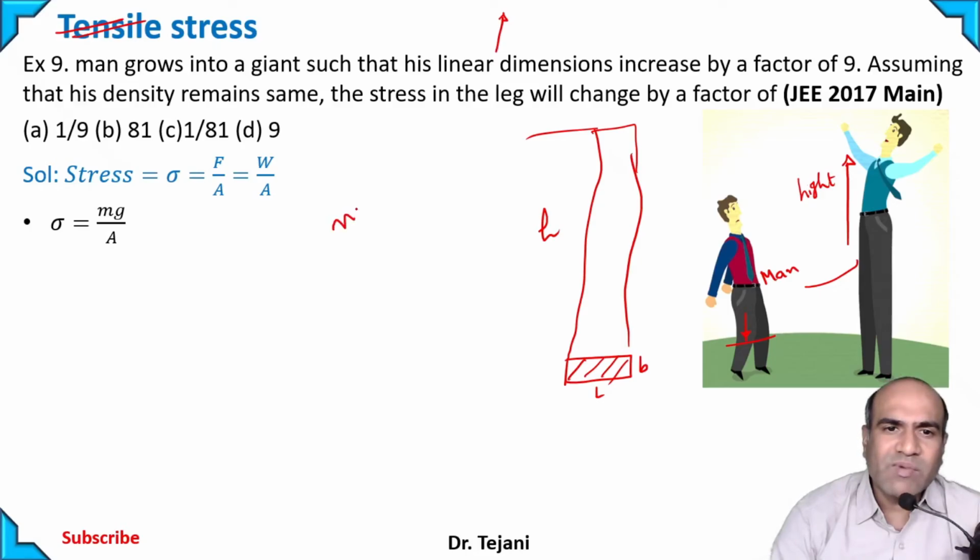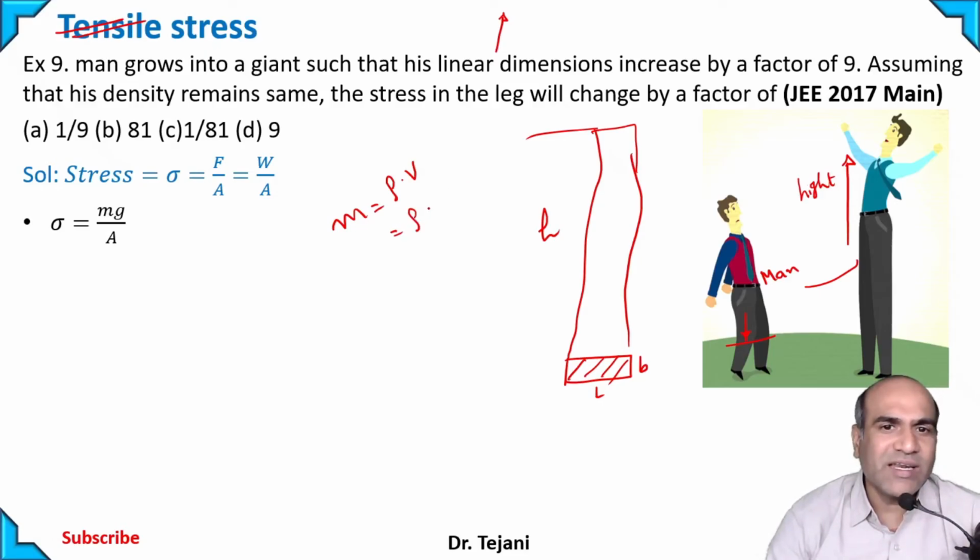And what is mass? Mass is equal to density multiplied by volume. Density is constant, not changing, but volume is equal to L B H.